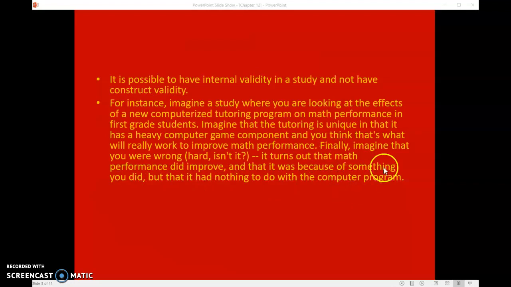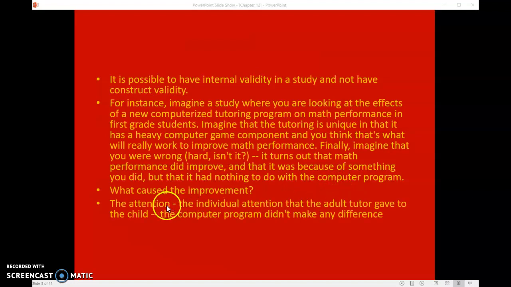That's the hard part of trying to figure out: is it just that I did something to them, or was it my computer program in particular? So what caused the improvement is the attention that the child was given, the individual attention that the adult tutor gave to the child, not the computer program that made the difference.